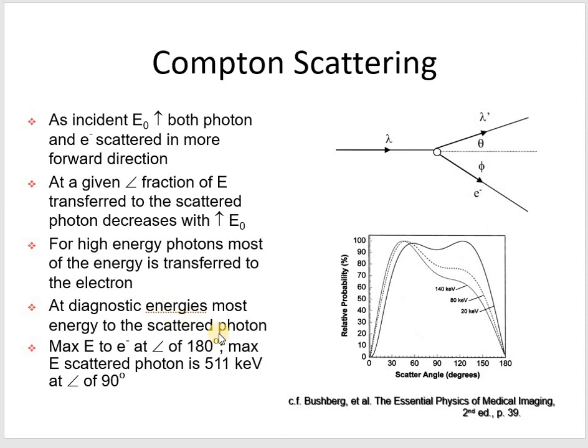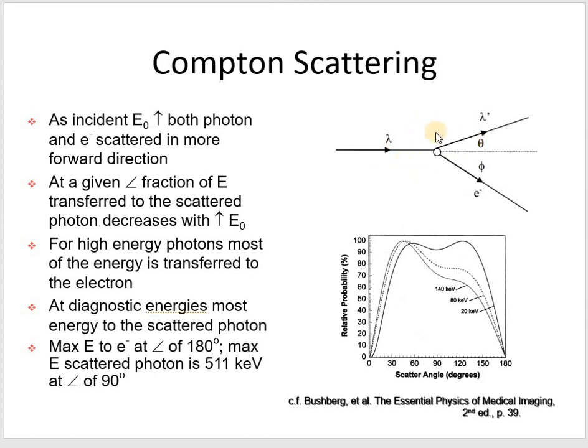At diagnostic energies, which is low energy up to 150 keV, the maximum energy scattered photon is at 511 keV. So this works in PET, positron emission tomography, where the photons can be emitted 90 degrees apart from the initial direction of the incoming positron, but that is annihilation in PET.